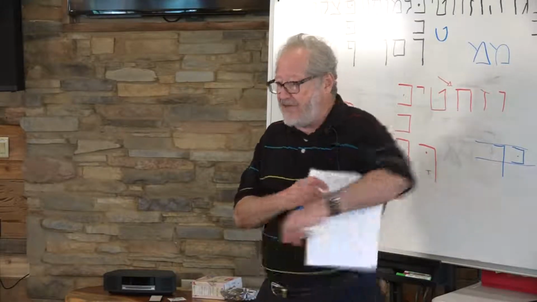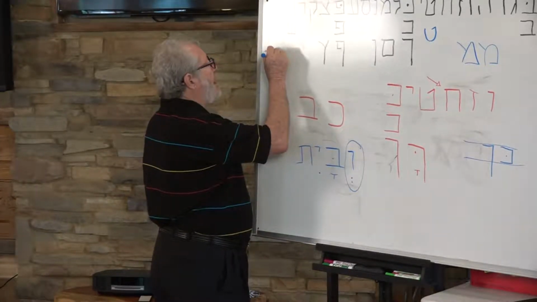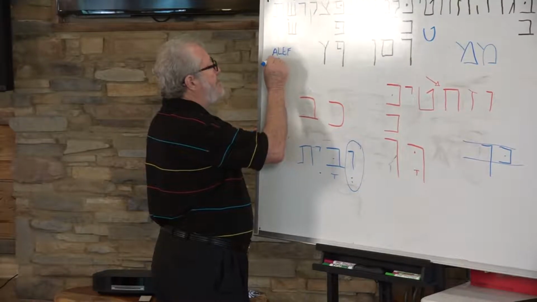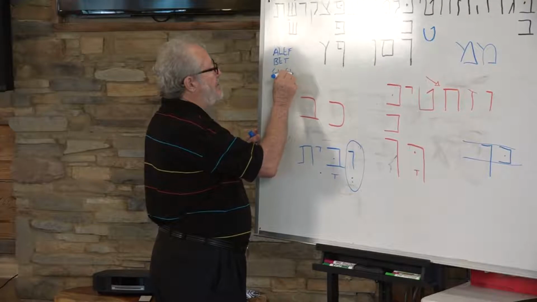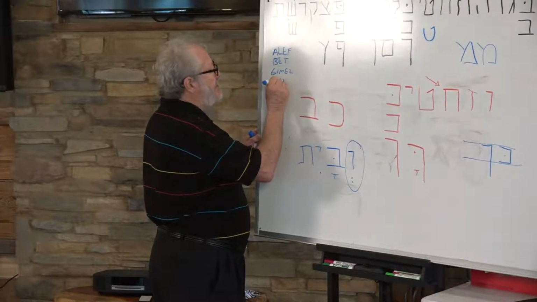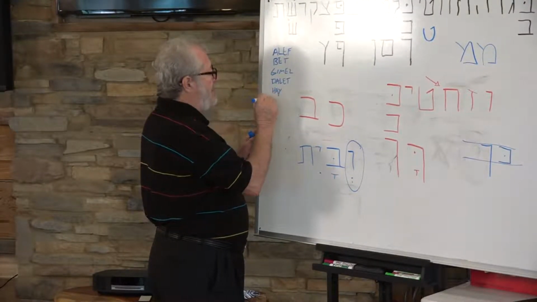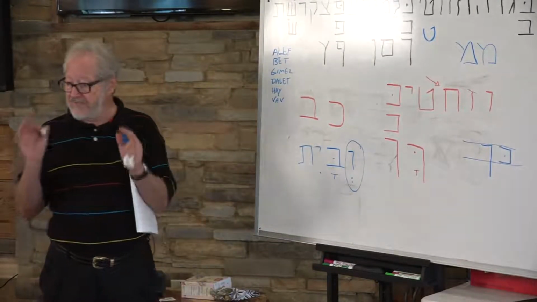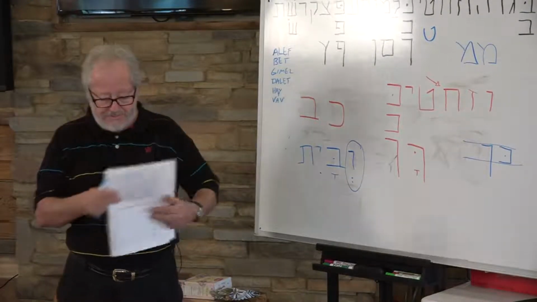The first 11 letters, you write Aleph, Bet, Gimel, Daled, Hey, Vav, etc. English. The first 11 Hebrew letters, I want to hear you tell me the Hebrew letters in English.